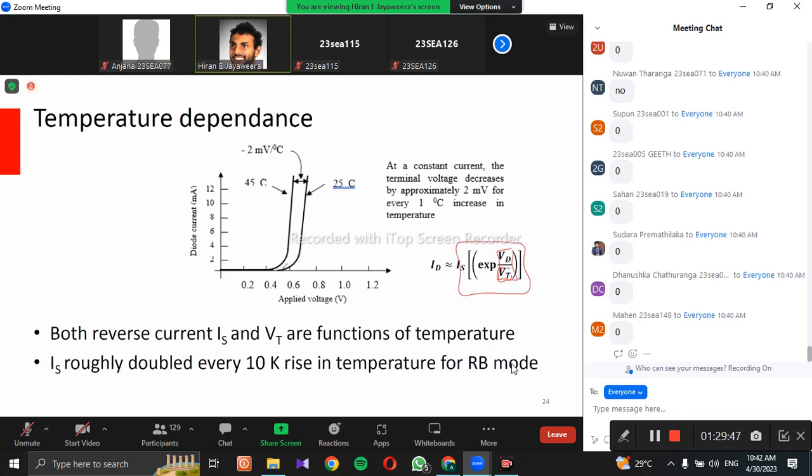So when you are at 25 degrees Celsius, it's like this. But when temperature increases, it goes like this, right? So it changes the curve. And this is kind of interesting. You can theoretically calculate this change also. So this is the current IS, right? This current roughly doubles for every 10 K rise in temperature in reverse bias mode.